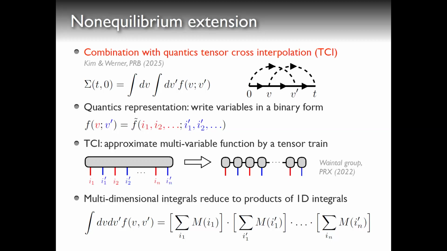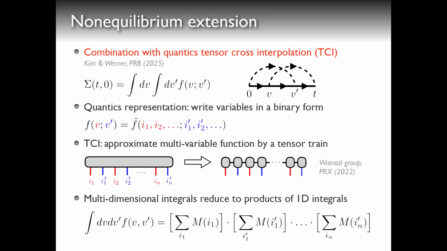In the first step, if f is the integrand over which we have to integrate to get our self-energy, then we can replace the arguments of this integrand by a binary representation, which introduces the binary bits of these variables as arguments. Our function then becomes a high-dimensional tensor whose legs are the bits of this binary representation.